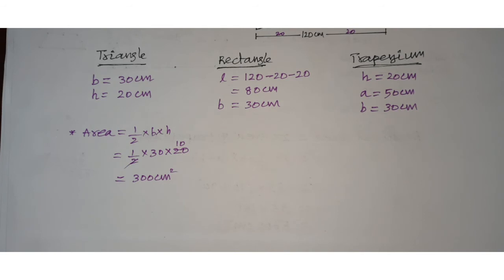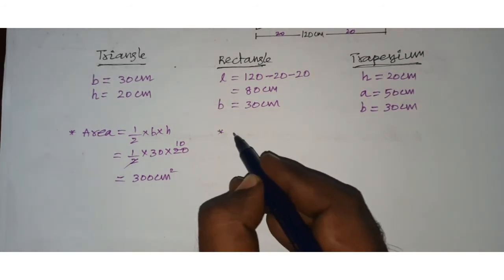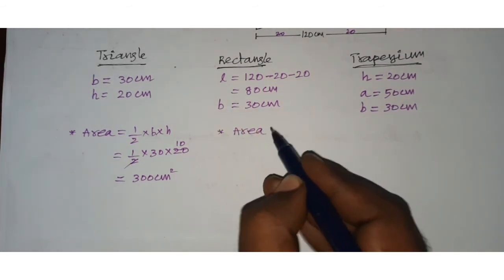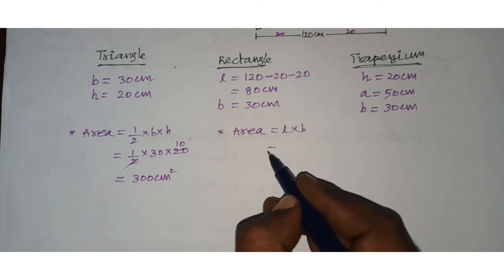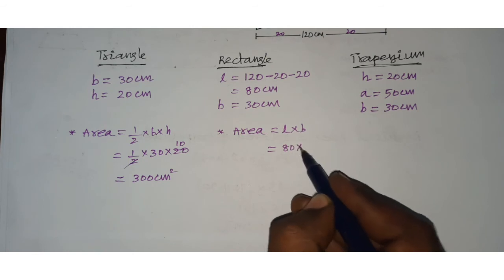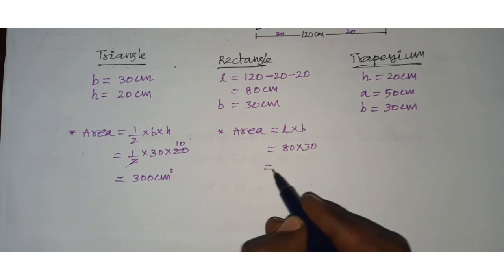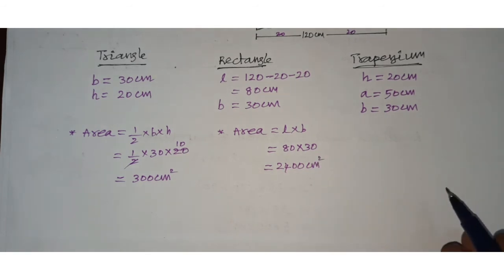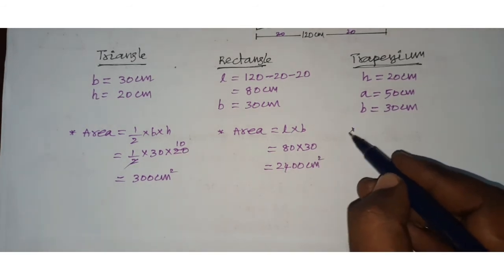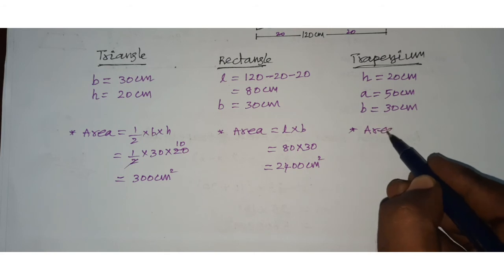So one area is over. Next, the rectangle. What is the area of a rectangle formula? Area equal to L into B. So here length 80 and breadth 30. 8 3s are 24 and 2 zeros, 2400 centimeter square.